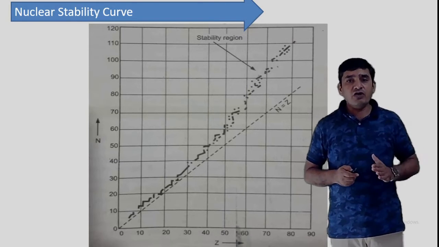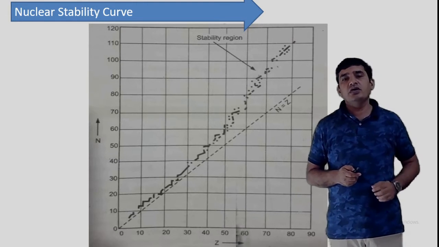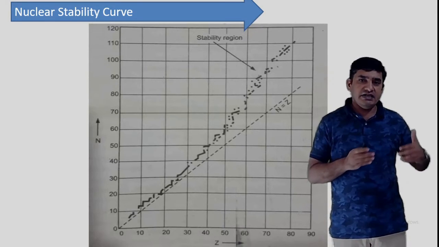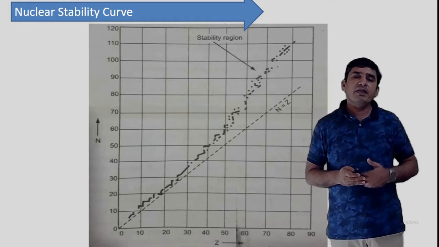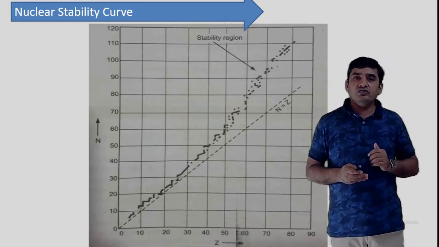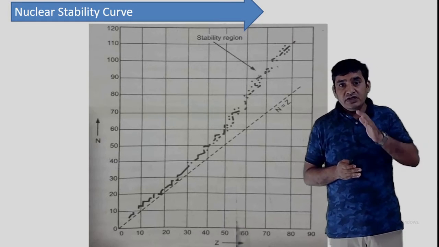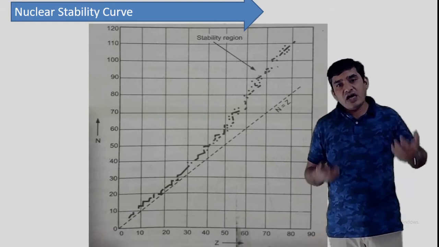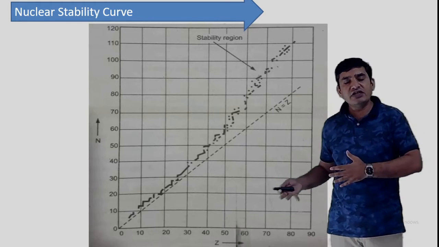When the number of neutrons is equal to the number of protons, then N is equal to Z, and this is the stability line. Okay, the stability region is above the stability line. This indicates that the number of neutrons is more than the number of protons.